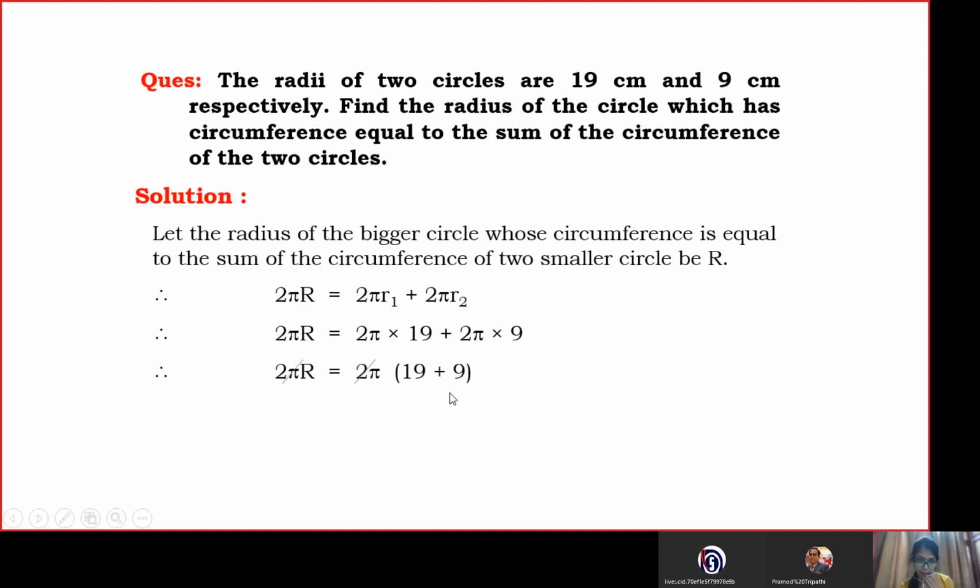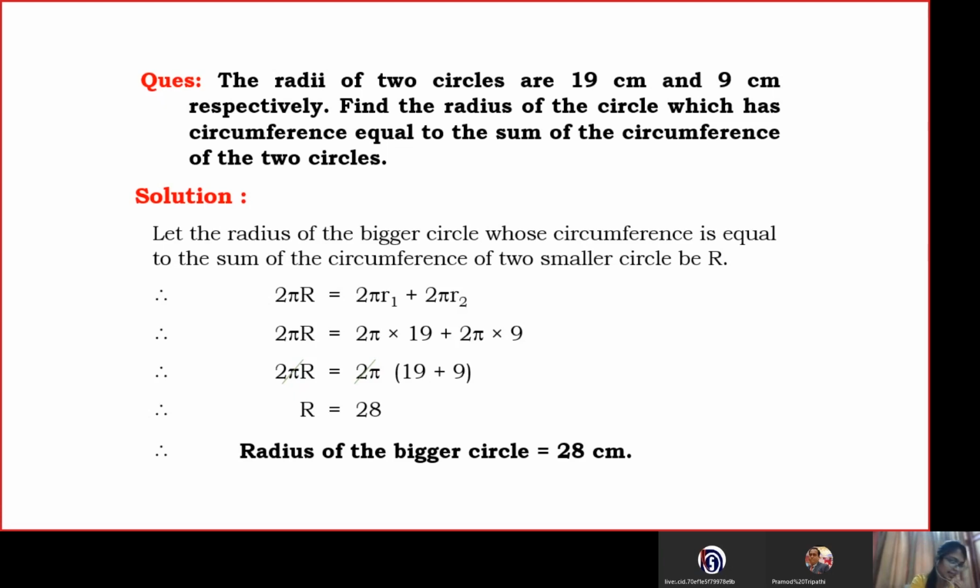And then as you can see on the screen, can 2 pi get cancelled? Therefore, the value of the radius will be 19 plus 9, that is 28 centimeters. So the radius of the bigger circle is 28 centimeters. I hope this is fine.